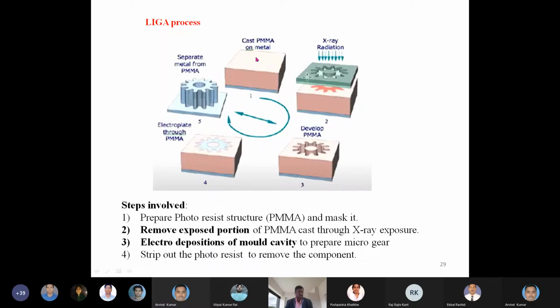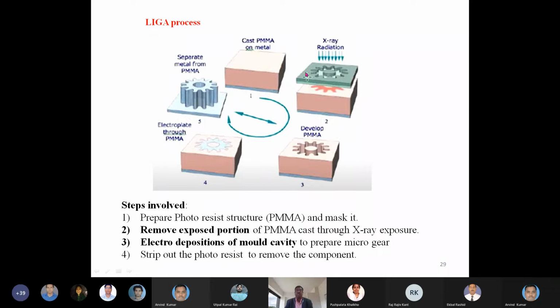We usually use PMMA, which is a photoresist material. The substrate is created for making the mold for generating this component. So this is a PMMA substrate, and it is placed under the metal.